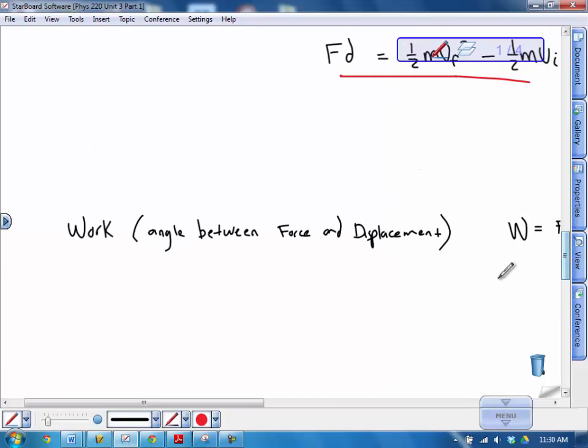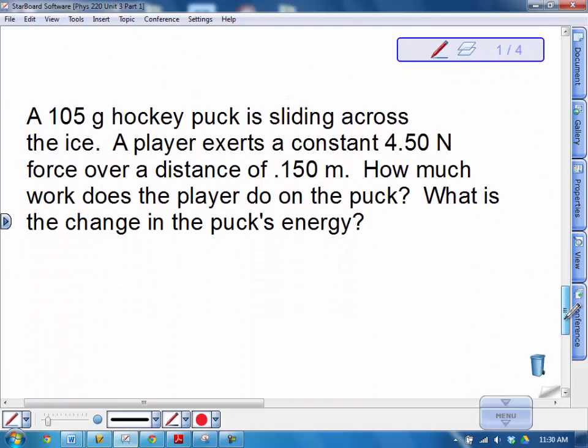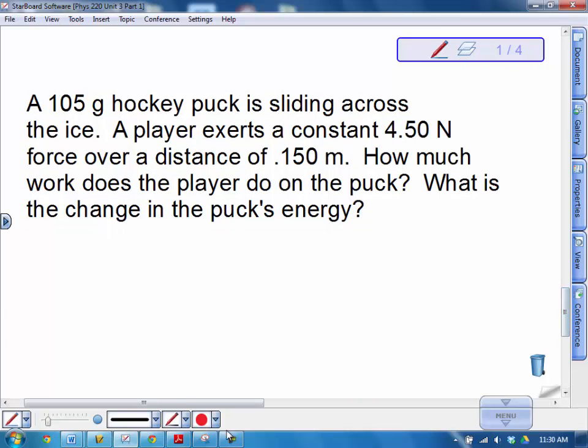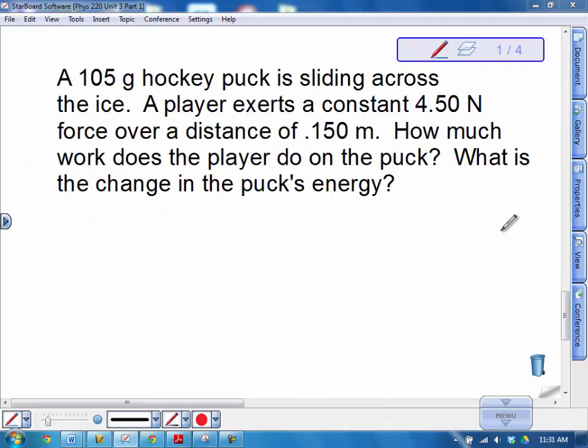We'll look at an example of that right now. We've got a 105-gram hockey puck that's sliding across the ice. We know that a player exerts a constant 4.5 newtons of force over a distance of 0.15 meters. How much work does the player do on the puck, and what is the change in the puck's energy? This problem's pretty easy. We know work equals force times distance.